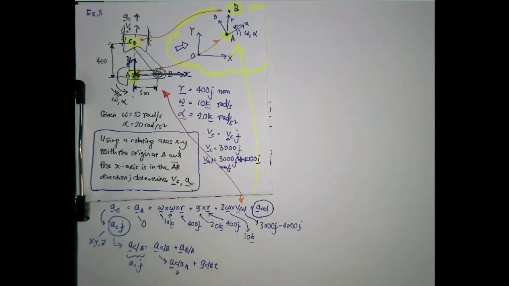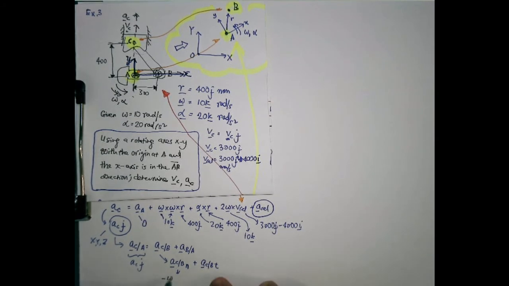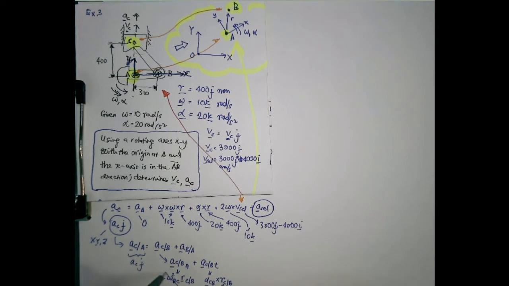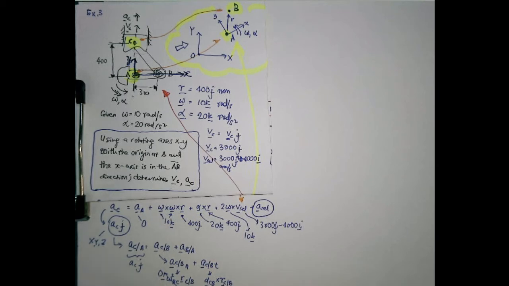The normal component, because it's rotating, is minus omega BC squared cross position vector C relative to B. The tangential component is alpha CB cross position vector C relative to B. And we are quite lucky because omega BC, we have calculated to be 0 before. So we only need to find alpha CB cross position vector C relative to B.